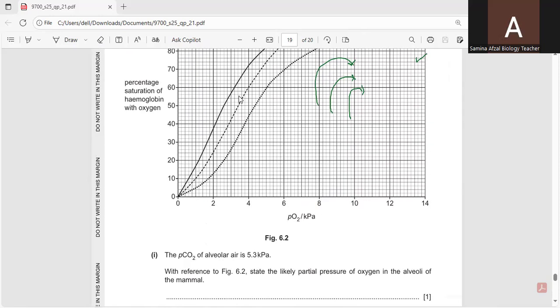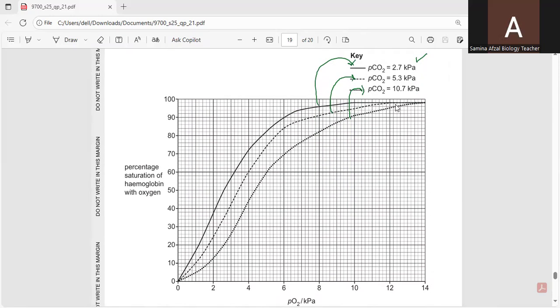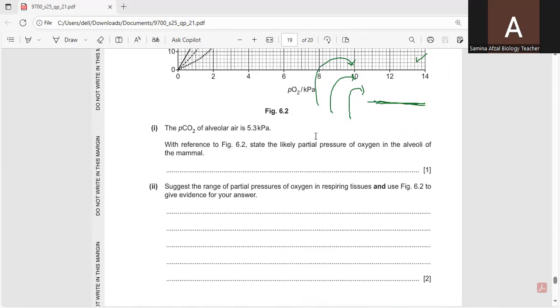It will be nearly equal, so it will be in a range between 12 to 14. It is in equilibrium, so we can write a range over here, that is, it is between 12 to 14.